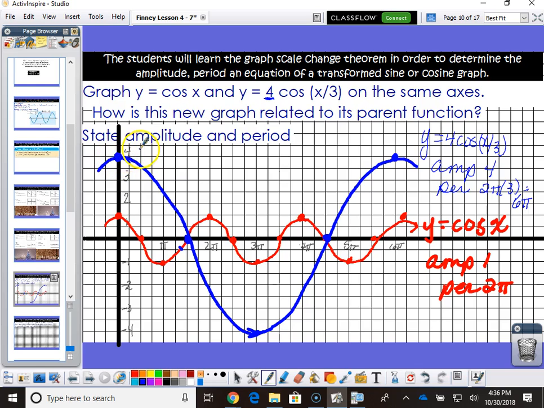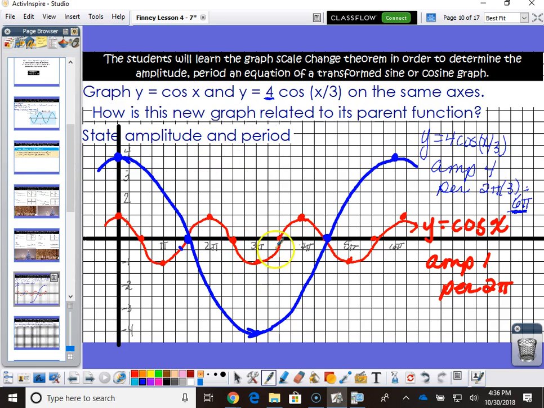Now, because I'm intelligent, I knew my period was 6 pi because I learned that theorem 30 seconds ago when it was on the screen. So I said, hey, 6 pi from now. If I did 6 pi divided by 3, that's 2 pi. The cosine of 2 pi is also 1. True? And 1 times 4 is 4. So I knew that. Okay.